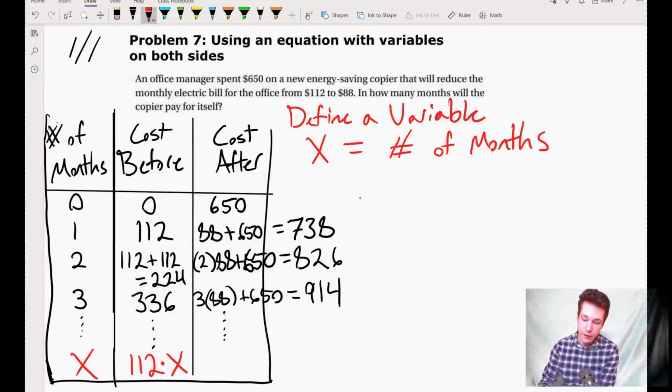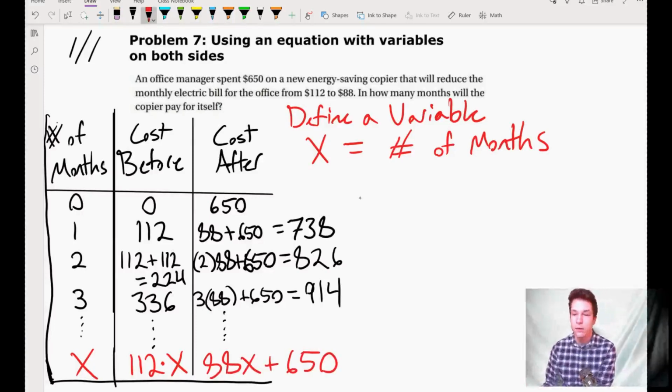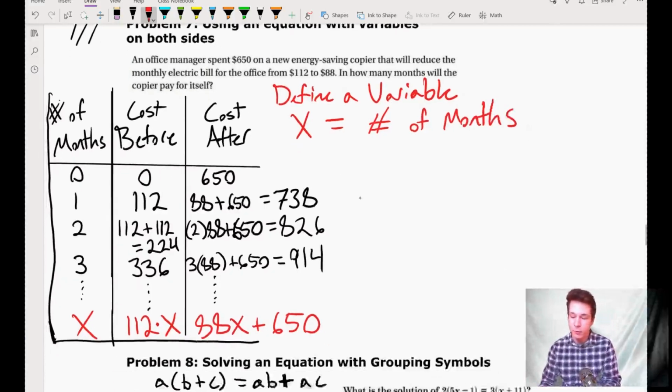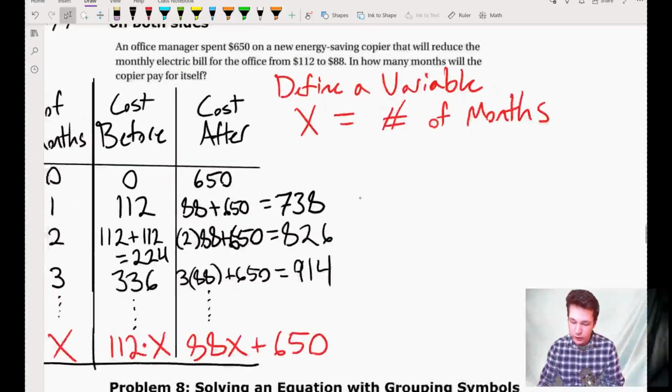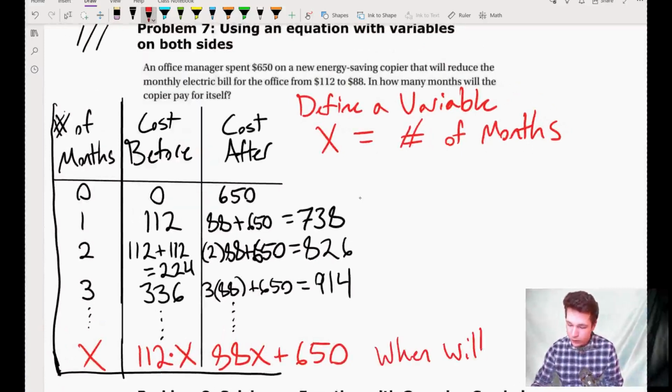After X amount of months, the total is going to be 88 times X plus 650. Okay, we have to keep the 650 in there because it came with the cost of the machine. So we have these two expressions, and what I'm wondering here is, when will these be equal?